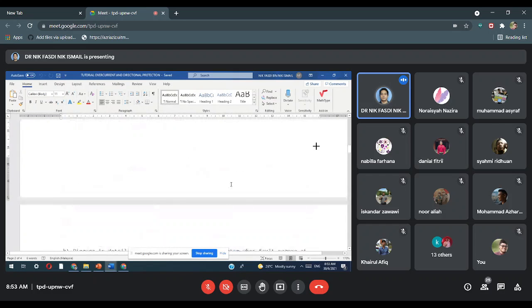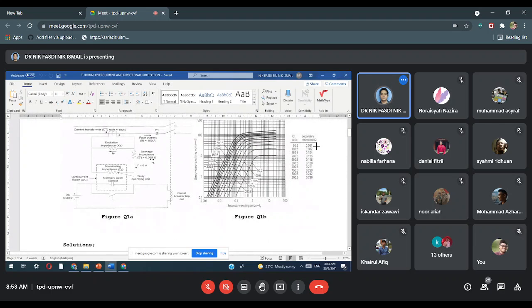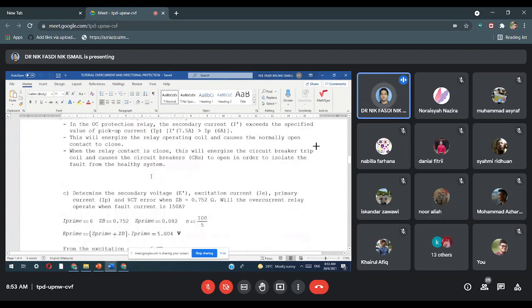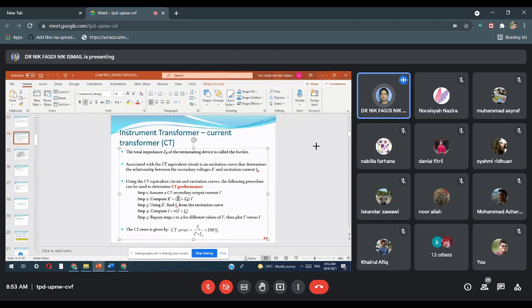This is the Z prime dalam soalan ni ada 0.082. Okay, we have the Z burden because kita nak refer to this equation. So we have this Z prime and we have Z burden. Then we have I prime.